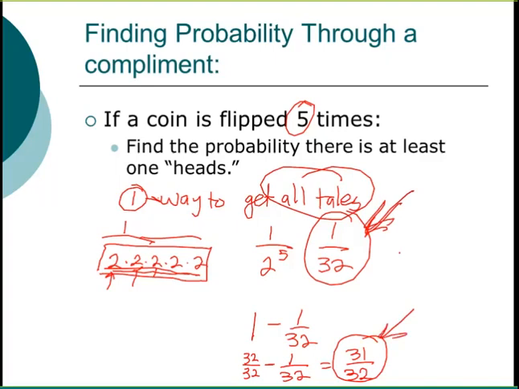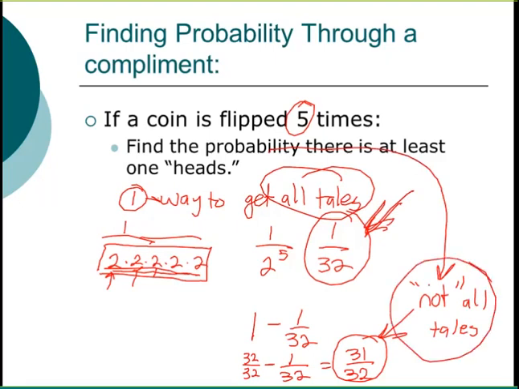So this is not all tails happening, and that's also called at least 1 heads. Not all tails means we got at least 1 heads, and it's a 31 out of 32 chance of that happening, which is 31 divided by 32, which is 96.8, almost 97% chance of that actually happening.